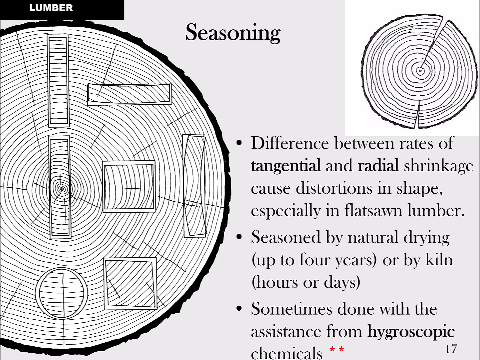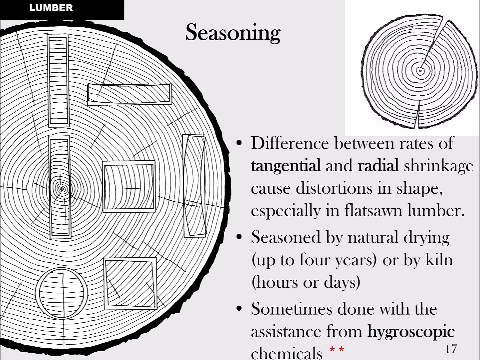Sometimes in the seasoning, they'll spray the wood with hygroscopic chemicals, which mechanically and even chemically combine with the water in the wood and kind of pull it out and replace it with the chemical temporarily. Then as they run it through the kiln, they're baking all that out, but it tends to alleviate some of the shape change, so it helps with that.